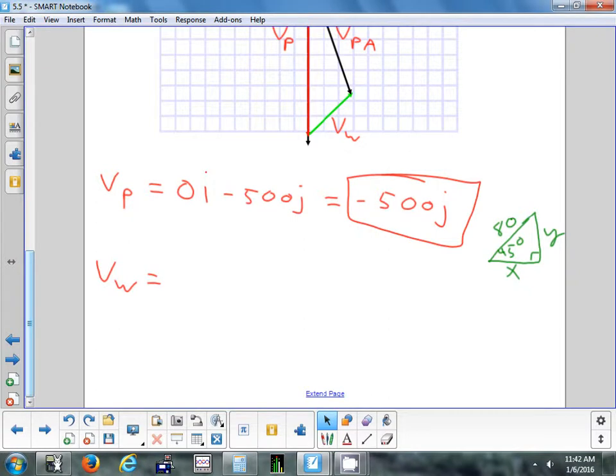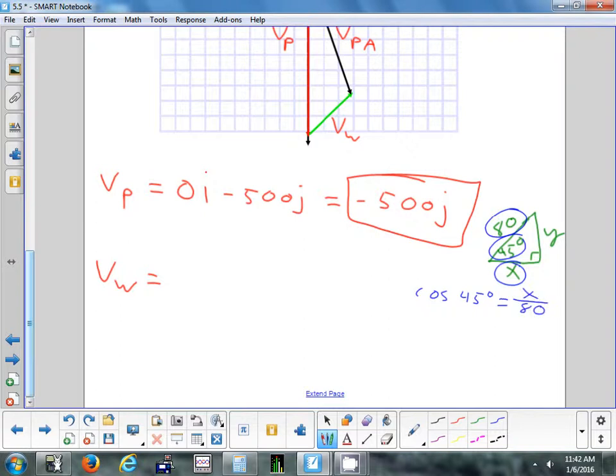Okay, what trig function could I use to find just the horizontal component of the wind, the x component? Cosine. Basically, I'm just finding the lengths of the sides in this triangle. Okay? So we get cosine 45 equals adjacent over hypotenuse.